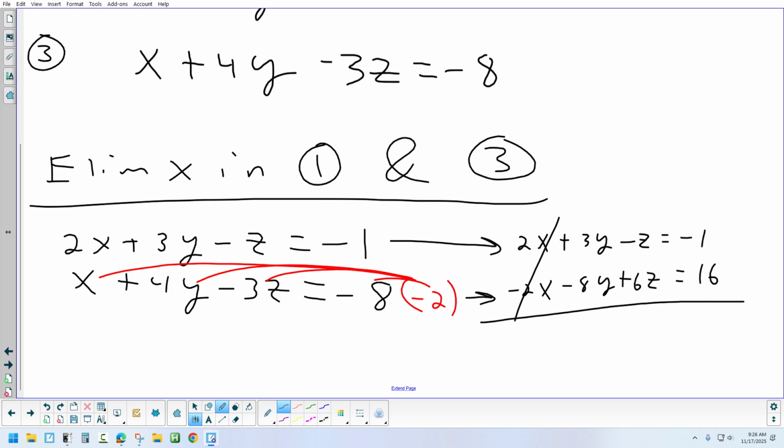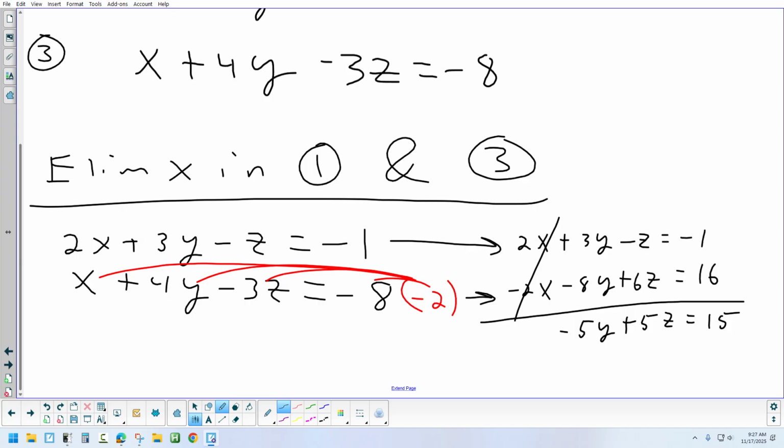X's are gone. What do we get when we add the y's up? -5y. And the z's? And the constant, 15. Now, normally we would stop there. That would be our new equation. But in this equation, what do you notice everything is divisible by? 5.